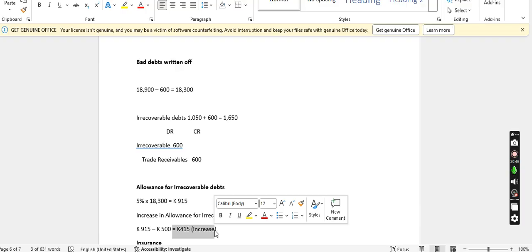Okay, so this increase will be treated like an expense in our income statement, because the money which we're expecting not to come has increased. So in the income statement, it will be treated as an expense. If there was a reduction, then it will be treated like a form of income.